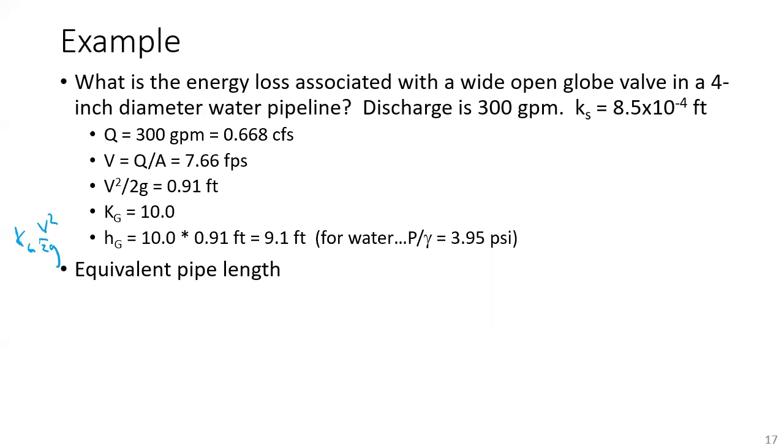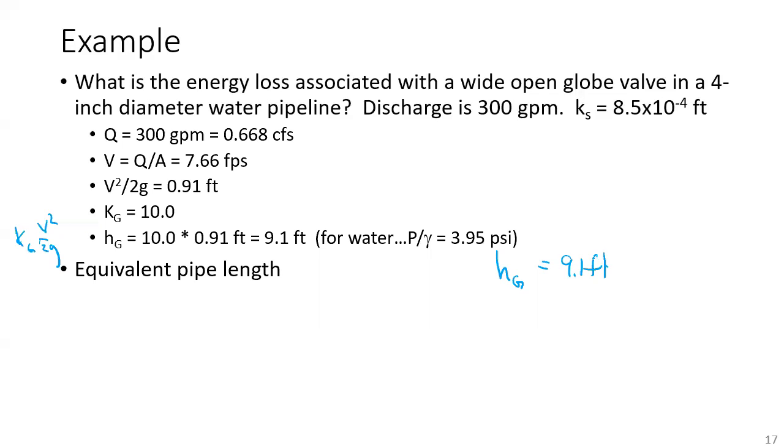Not uncommonly, what people do for modeling purposes is identify an equivalent pipe length in which that pipe length generates the frictional resistance equivalent to that minor loss. So basically what they're saying is, I just calculated the minor loss of the globe valve, and that's equal to 9.1 feet.